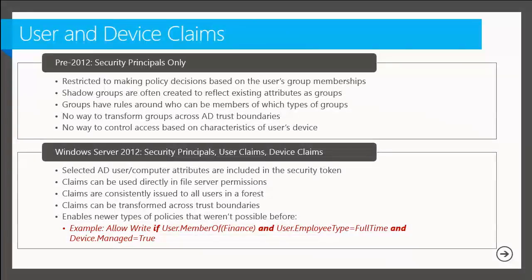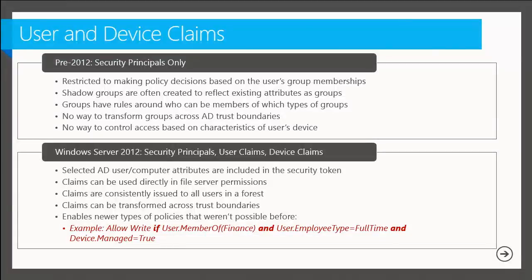We made it a standard part of the AD infrastructure and extended the token to do this kind of thing. These can be consumed by the standard Windows security APIs for security decisions. So if the token contains them, the security APIs that Windows provides will consume them and evaluate them.